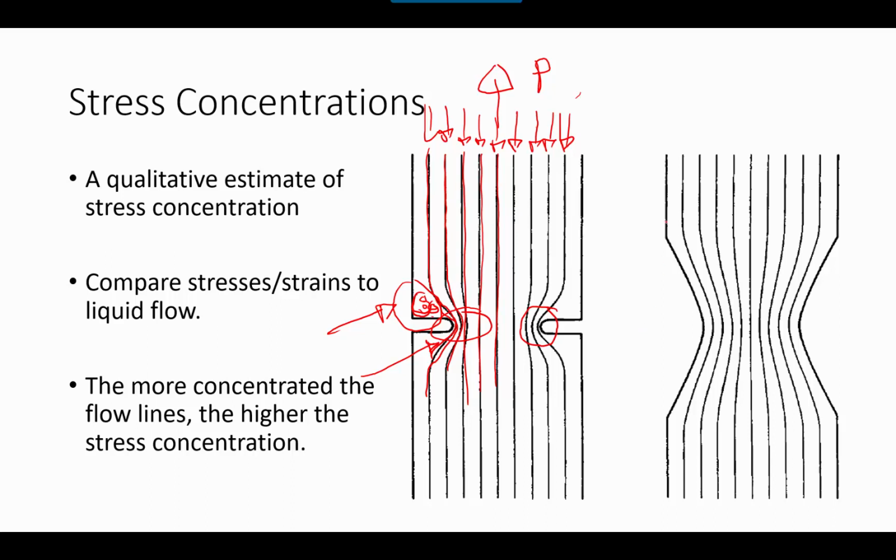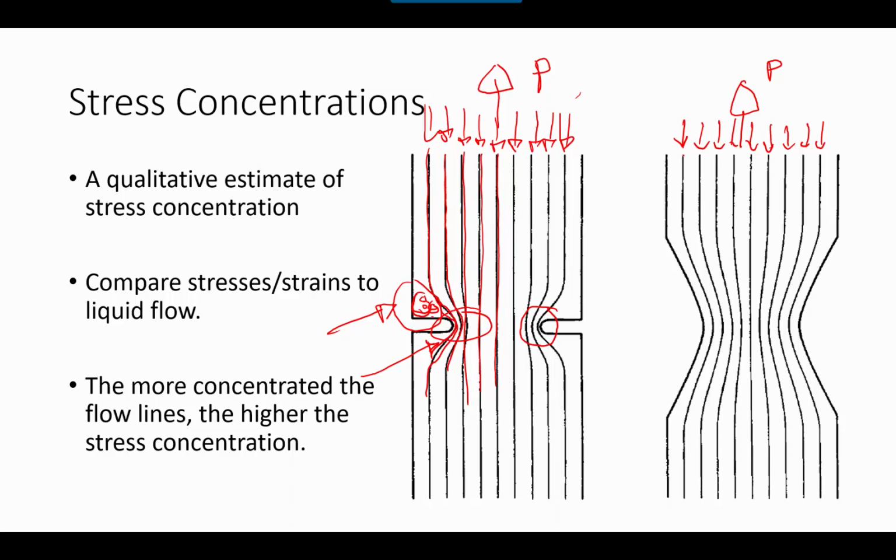We can do the same thing with different geometries. Say we have this geometry, which has a much shallower radius, and we replace the remote loading with some fluid flow that is uniform and has the same unit direction as the force load, just for simplicity.